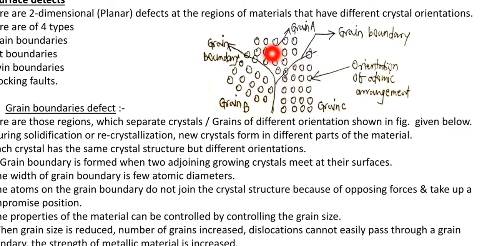Because of different orientations of atoms in different regions, these regions are separated from each other by means of the grain boundary. So this is the grain boundary, this is also a grain boundary. Atoms in this grain and atoms in this grain are differently oriented, and because of that they are separated from each other.